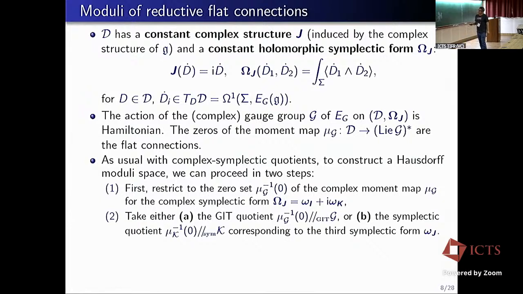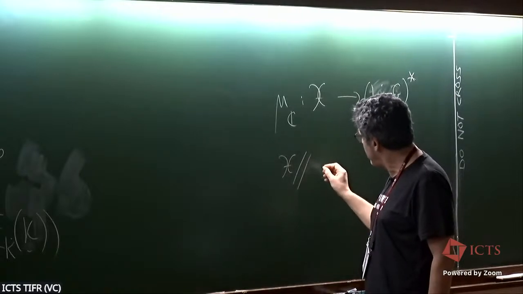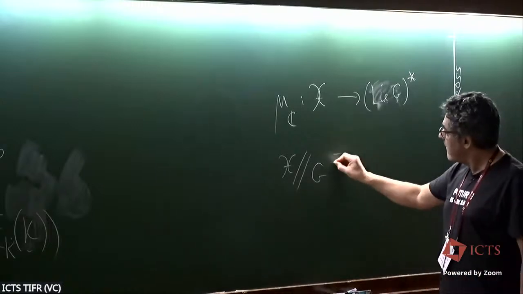Now, as usual, when you have a complex symplectic form, to compute the quotient, if G is complex, you can do it in two steps.